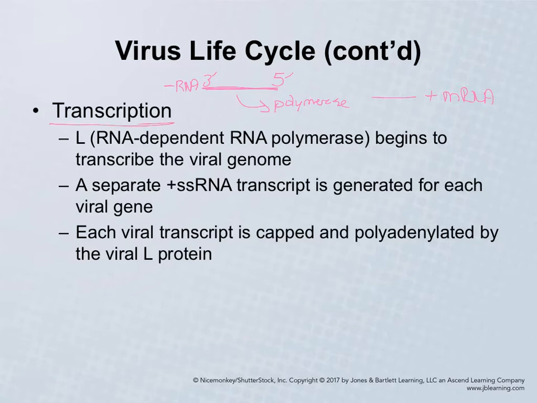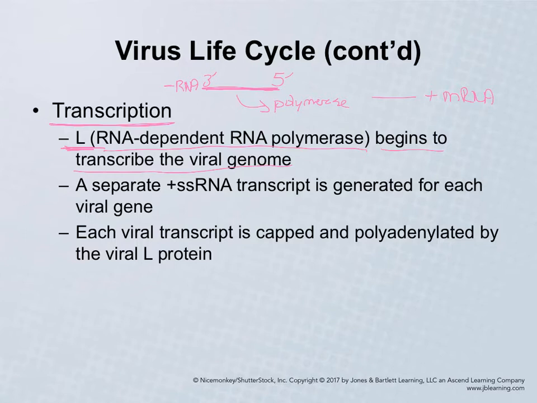The first step that's going to happen then is transcription of the genome. That requires the L protein, which is the RNA-dependent RNA polymerase, and that's going to begin to transcribe the viral genome. And what we're going to see is this genome is linear, one long piece.